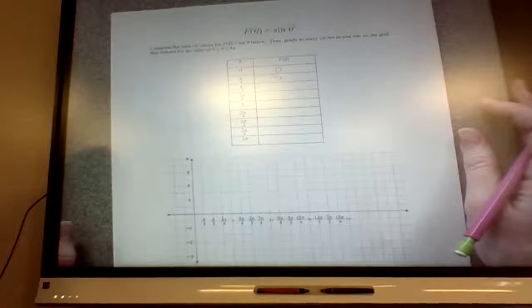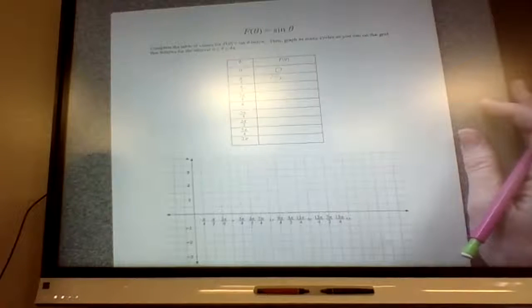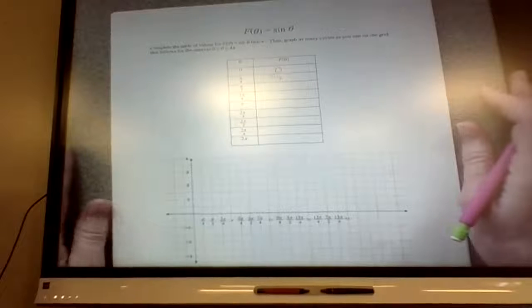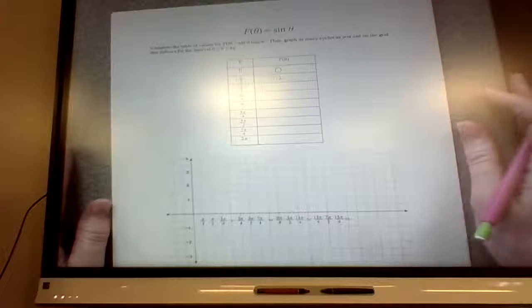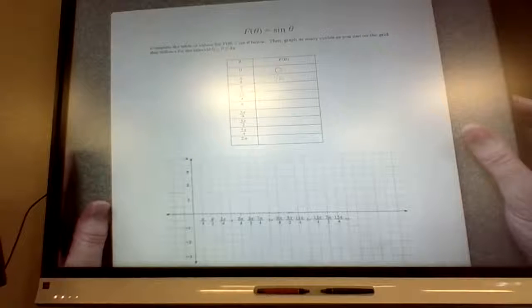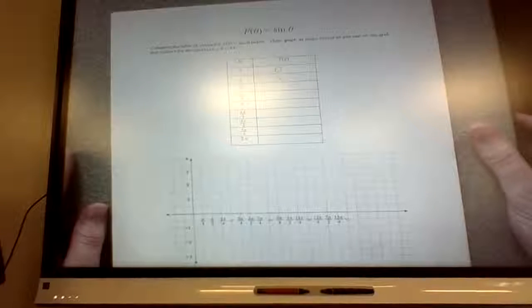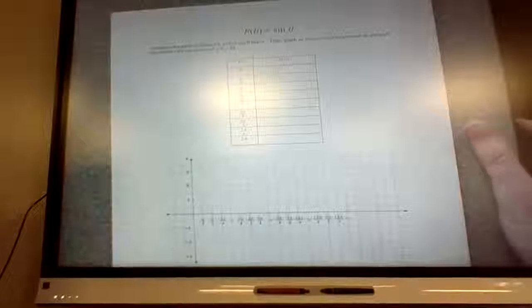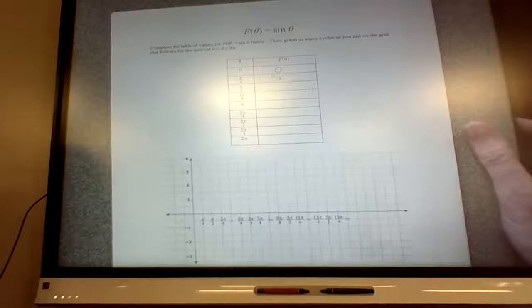Less than 0.5. No, it's above 0.5, somewhere between 0.5 and 1. How do you know that? Well, I know the square root of 2 has to be less than 2, because 2 over 2 equals 1. So it has to be less than 1, and I know 1 times 1 is 1.